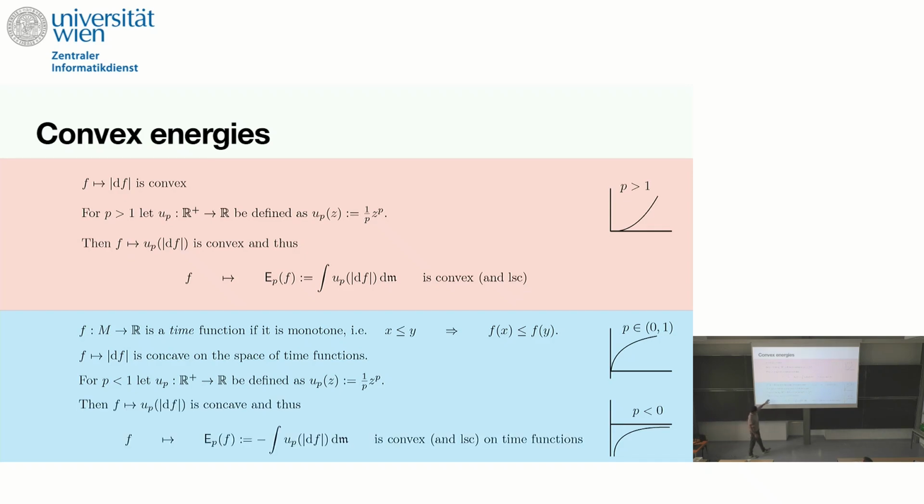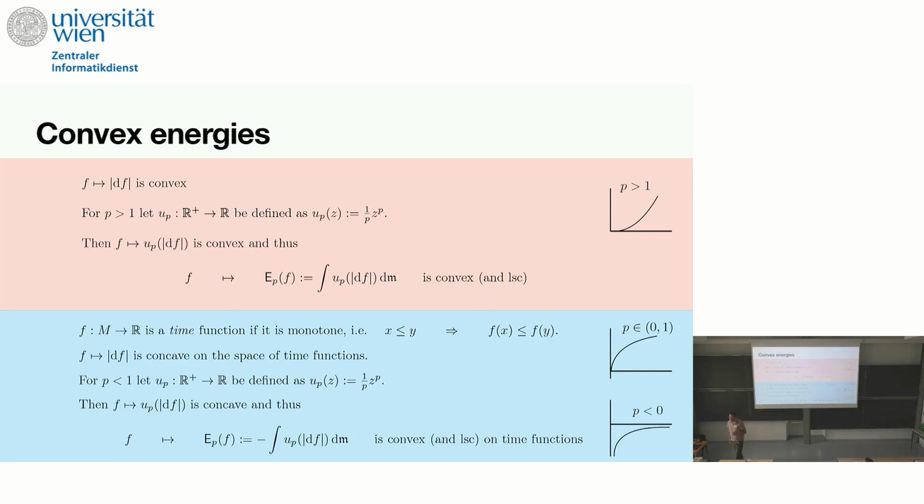So this is the concave function we're alluding to at every point. Then I integrate it and change sign, because I love convex functions more than concave ones, and we get a convex function that is now defined on the space of time functions.